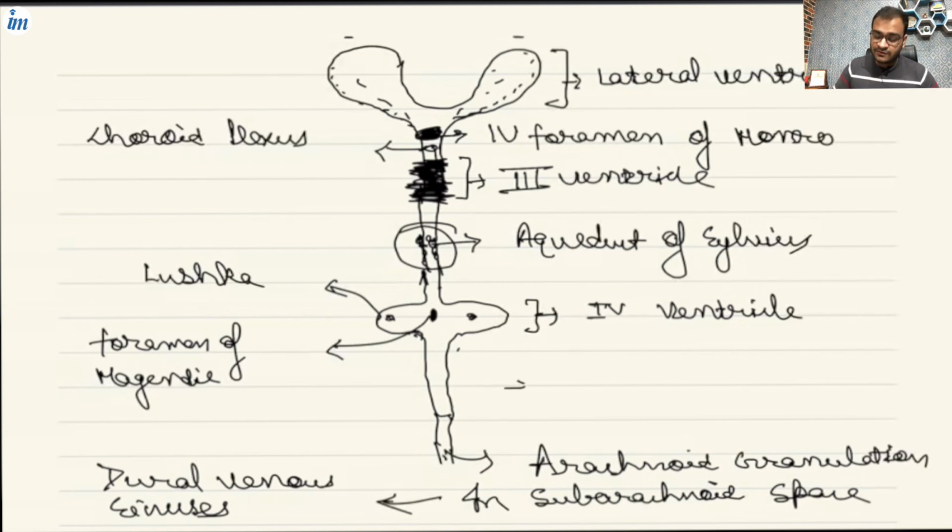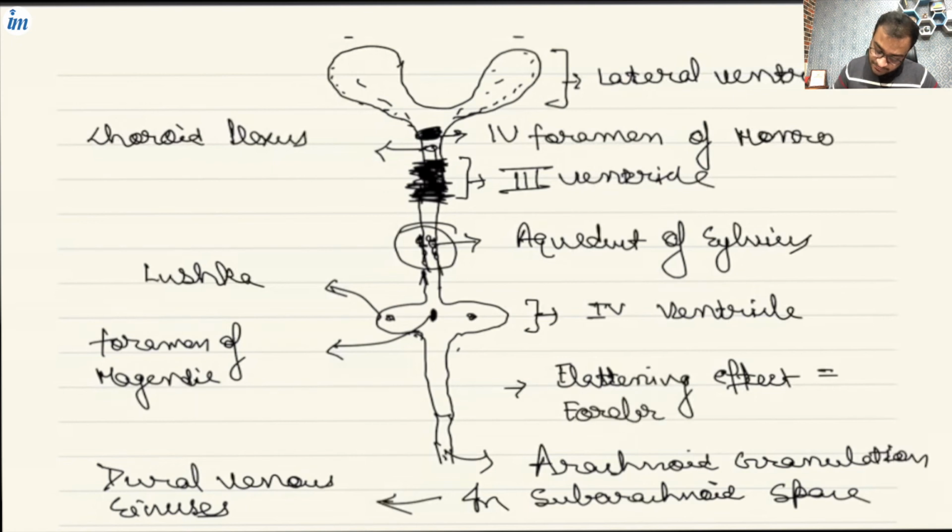This is the flattening effect, or we can say the forebrain will die.